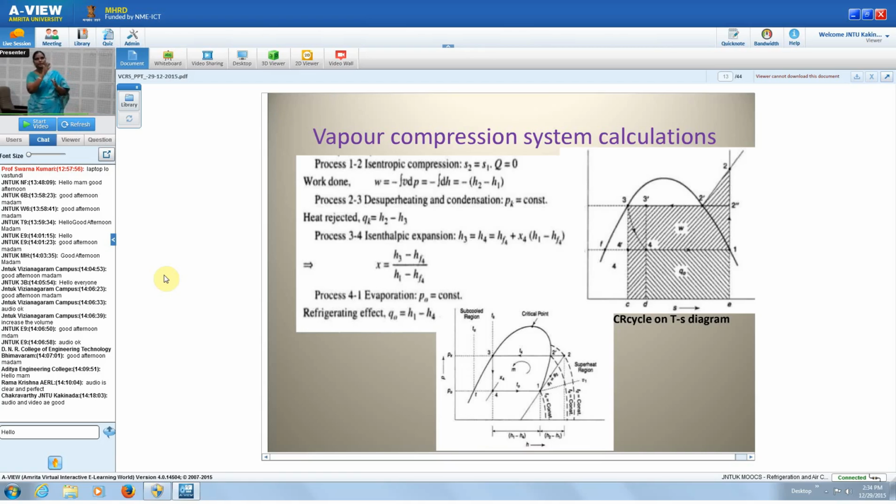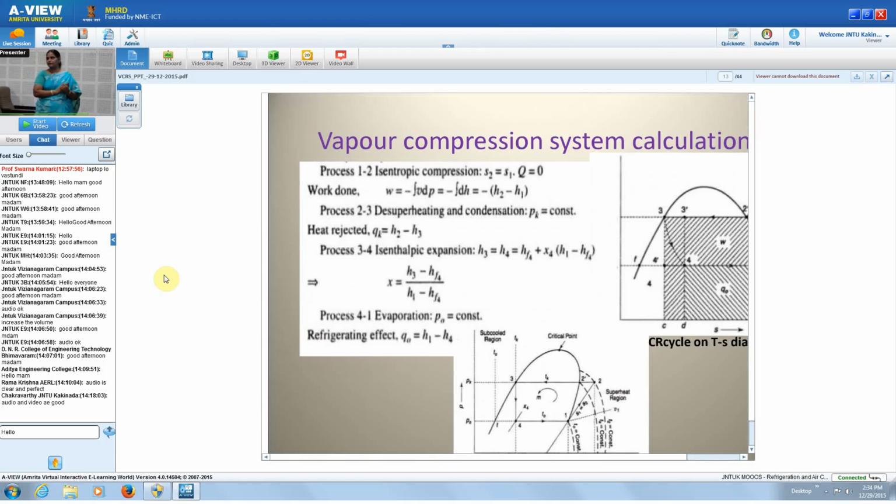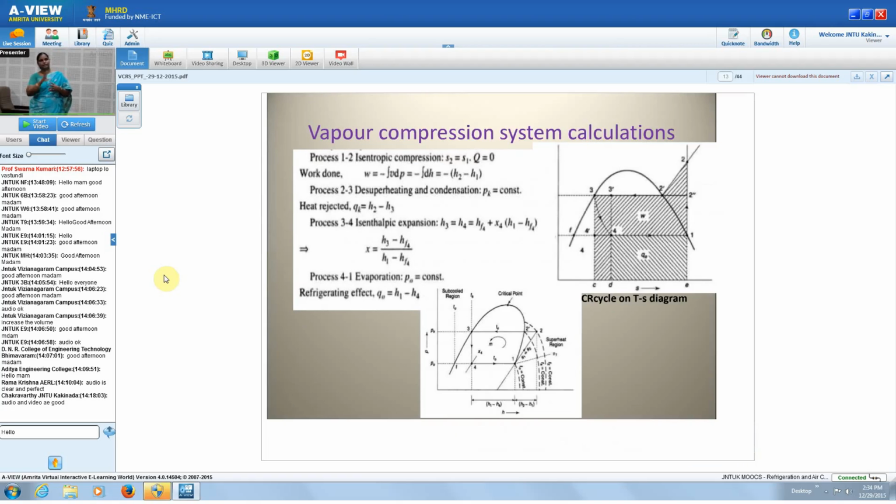Okay. So even 1 may be in the wet state also. So at that also you have to equate S1 with S2. If you know the dryness fraction at 1, we can find out what is the enthalpy at 1. Okay, which is nothing but the fluid enthalpy or the liquid enthalpy plus x into latent heat.